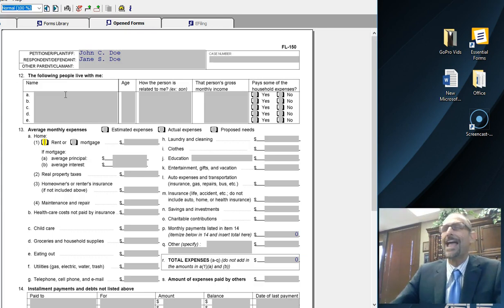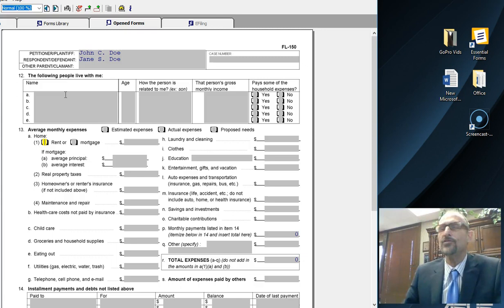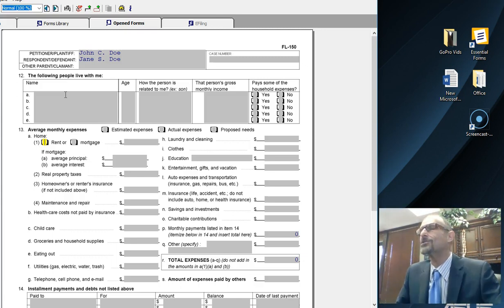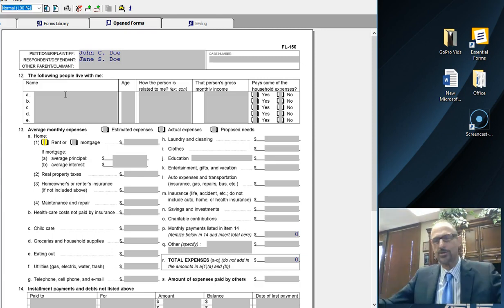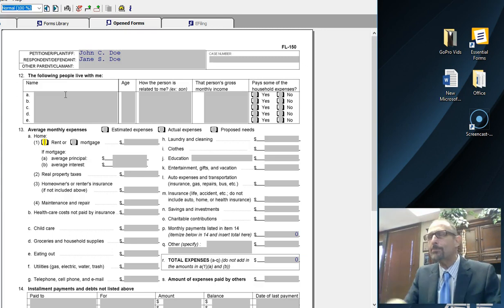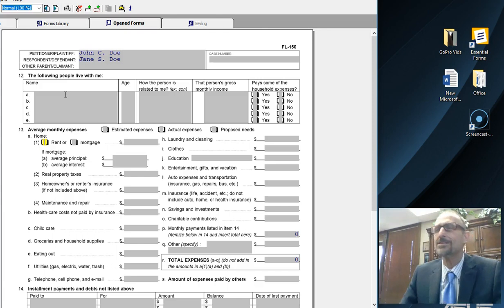If you're moving out and you're anywhere near my area and you've got 2 kids and you're moving out of a 4,000 square foot home and you're used to a $280,000 a year income, you're probably going to be moving into a 3-bedroom apartment, and that 3-bedroom apartment could easily be $3,000. And if that's what you expect your rent is probably going to be, put $3,000. That's what I want you to put, your real expenses there, your real proposed needs.